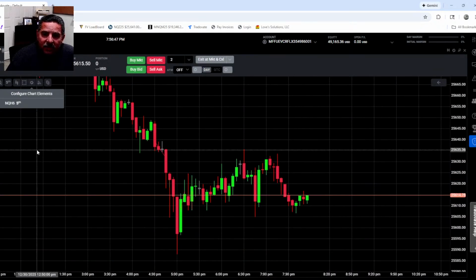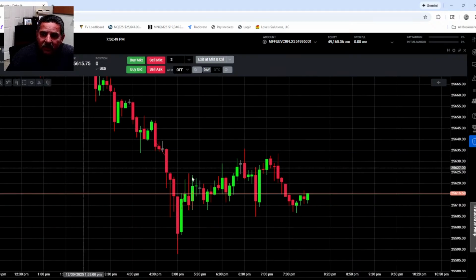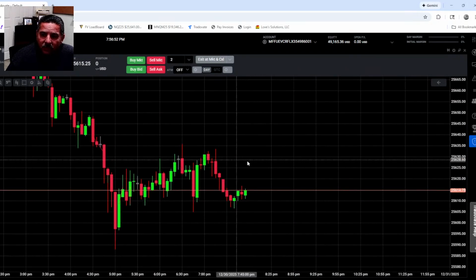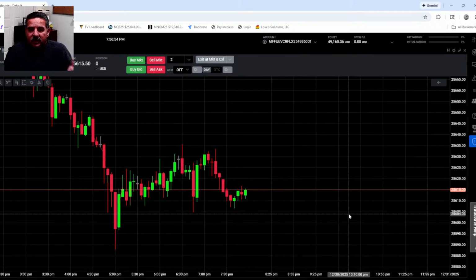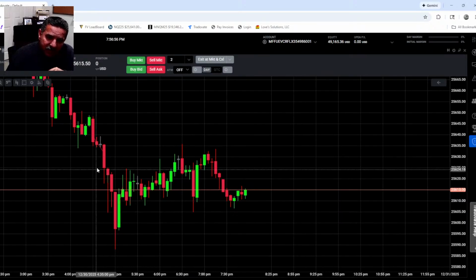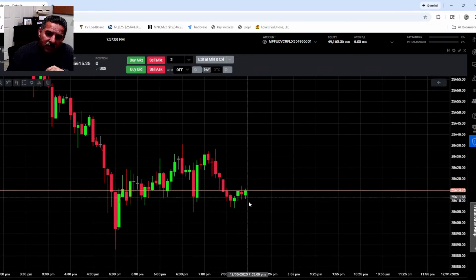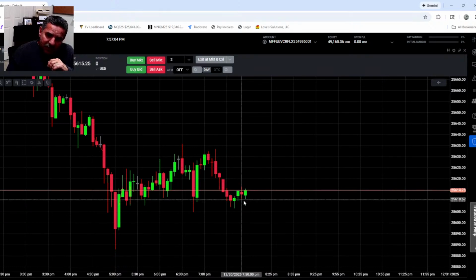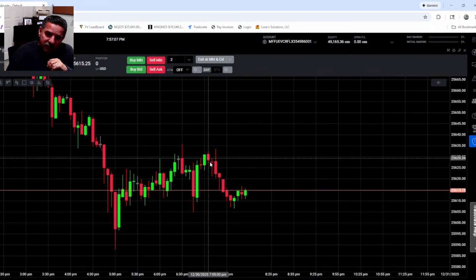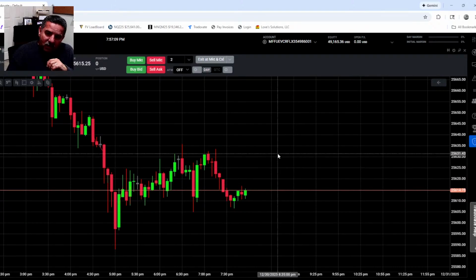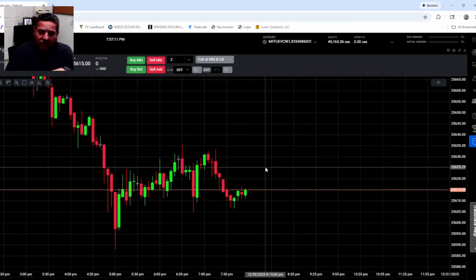I'd rather have a clean chart just like that and trade off of that. You know, make my box, and that's it. So them lines indicate how these candles are moving. If the candles are going down, the line will go down. If the candles are going up, the line will start going up like this. It'll go down and then it'll go up.